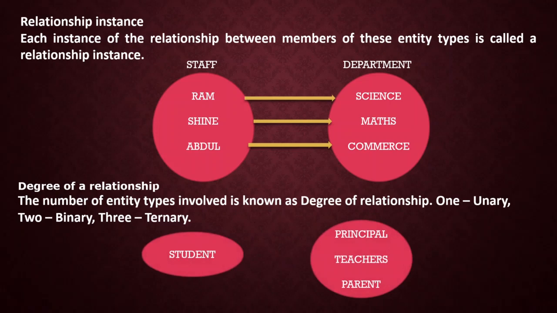So here, for example, we take a database student. It's related with the other entities like principal, teachers, parents. So a student is related with principal, teachers as well as parents. So such a relationship is known as degree of relationship.